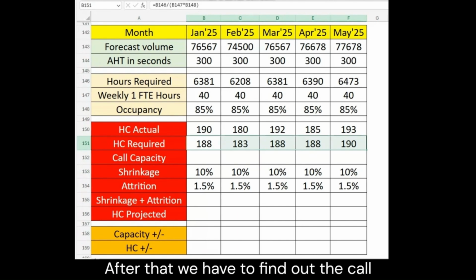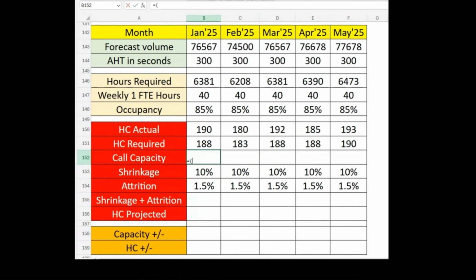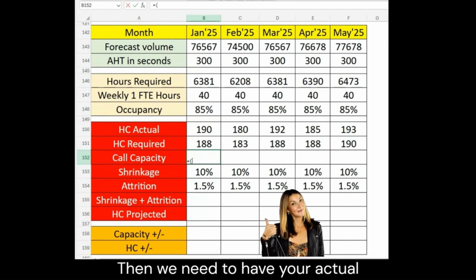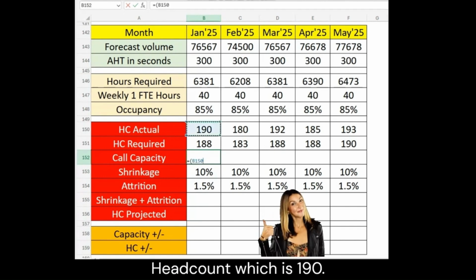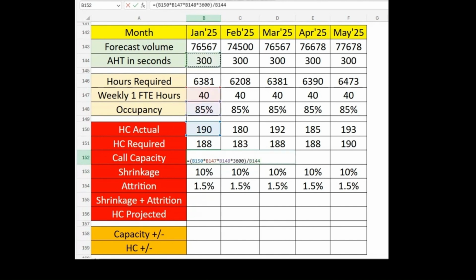After that, we have to find out the call capacity, like how many calls can be answered on the basis of these components. So the simple calculation would be equal to bracket open, then we need your actual headcount, which is 190, multiplied by 1 FTE weekly hours, multiplied by your occupancy, multiplied by 3600, bracket close, divided by your AHT.